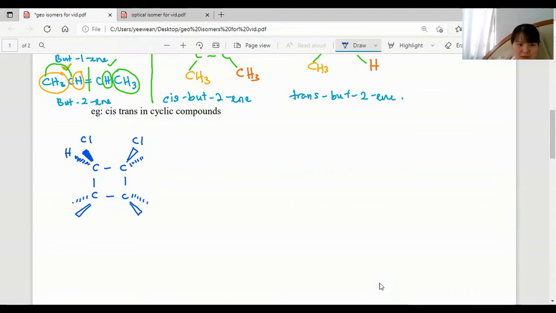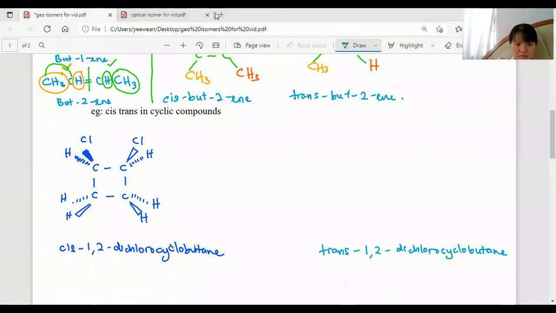The rest of it, I'm just going to fill in with H. And since both the chloros are coming out at us, this is a cis 1,2-dichlorocyclobutane.